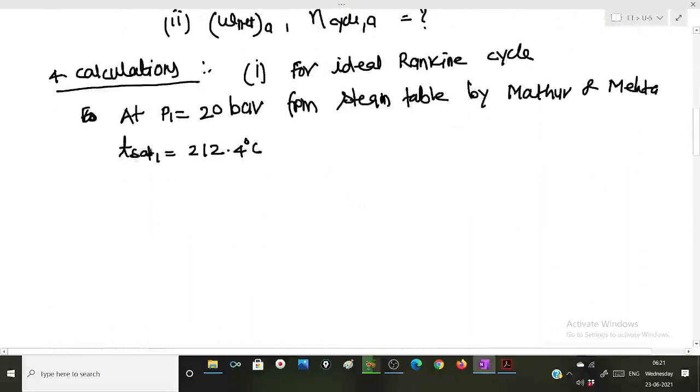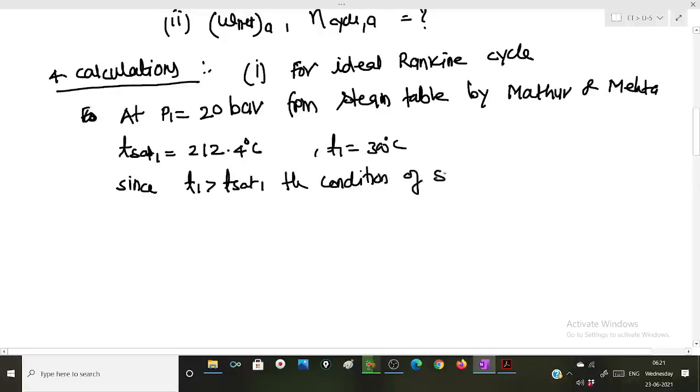What we have considered initially is a correct assumption. So since T1 is greater than T saturated 1, the condition of steam at state 1 is superheated.